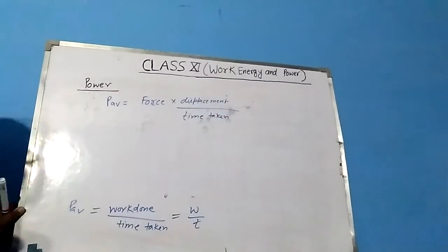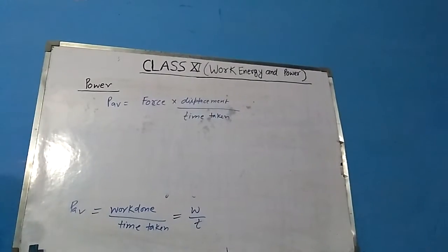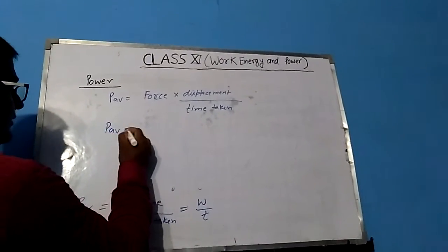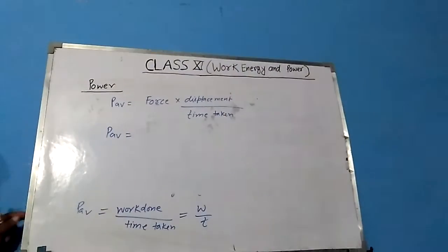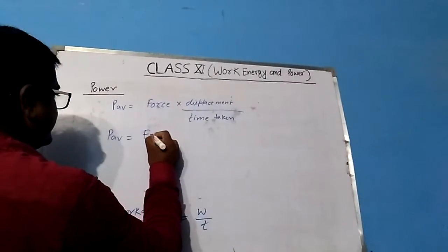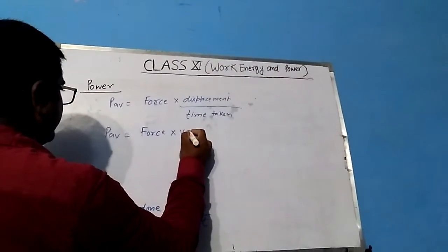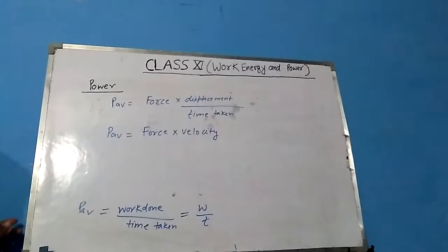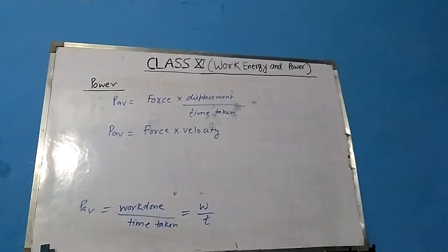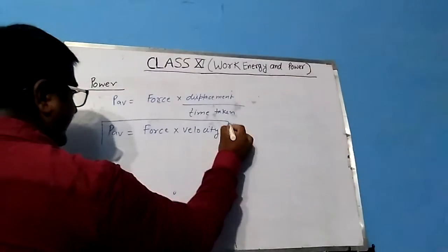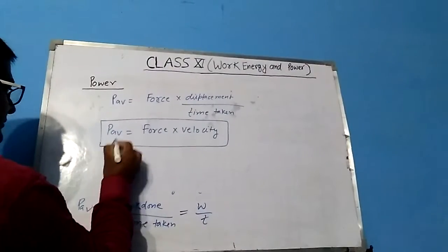Displacement by time taken gives the velocity. So now it becomes force into velocity. So another formula of power is force into velocity.